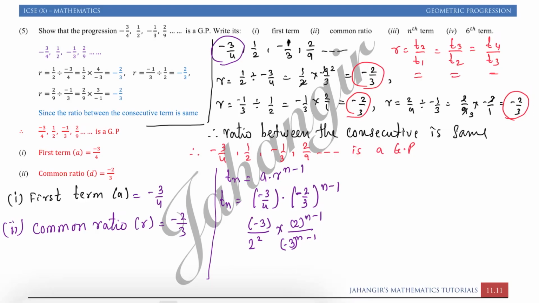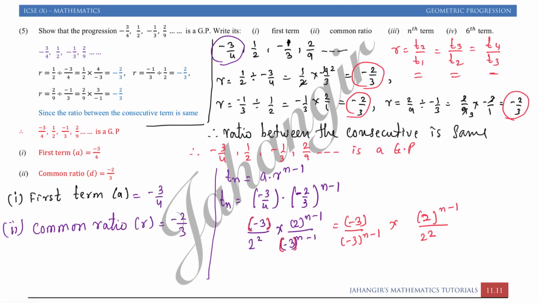So if you take these two cases, if I am taking minus 3 as a base, I am going to get minus 3 upon minus 3 raised to n minus 1. And if I am taking 2 as a base, I can write this part as 2 raised to n minus 1 upon 2 raised to 2. Hope you understood what we did. Just 3 can equal 3 and 2 can equal 2.